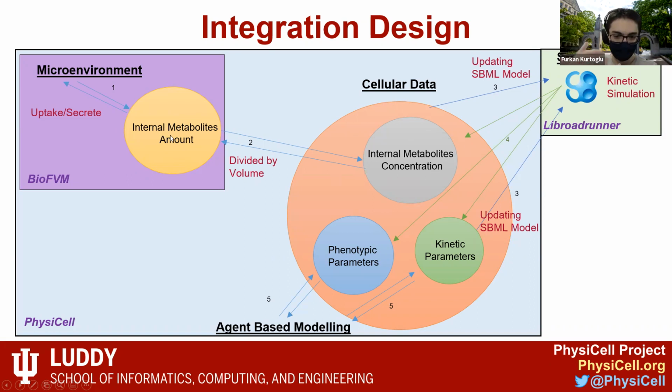Therefore, we are just consuming or creating. Also, one important thing here is that we can actually control the phenotypic parameters according to the SBML results. I will explain this later, but this is very cool actually.